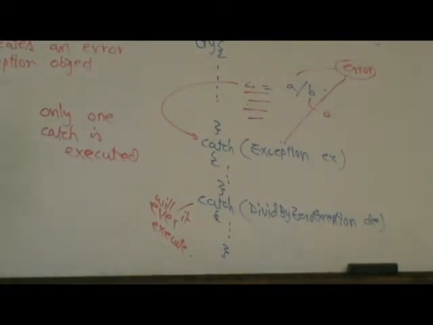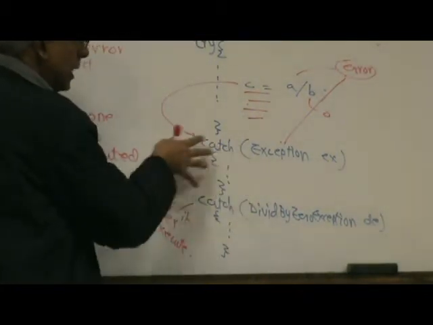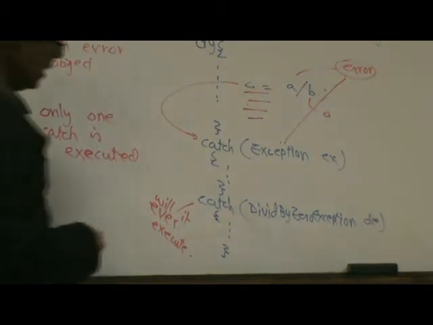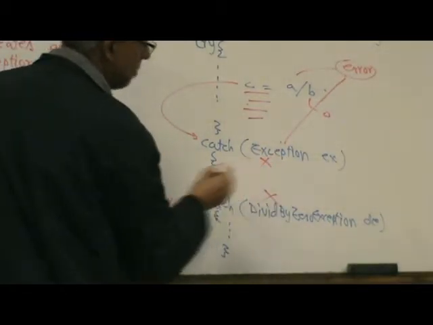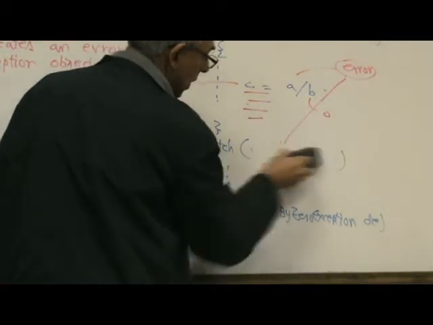So for this reason, in pretty much all languages, Java, C#, C++, the order in which we write catches is important. The lower level class comes first, then the higher level, then the base, and so on. So this is a wrong order, and this code will not even compile.